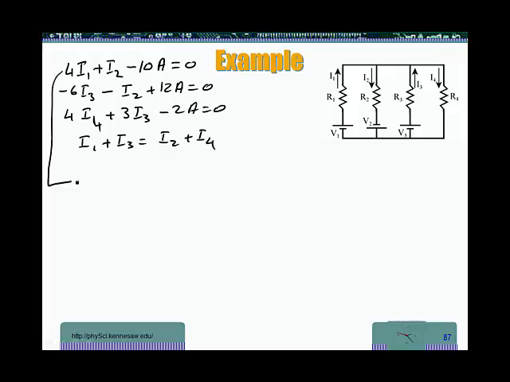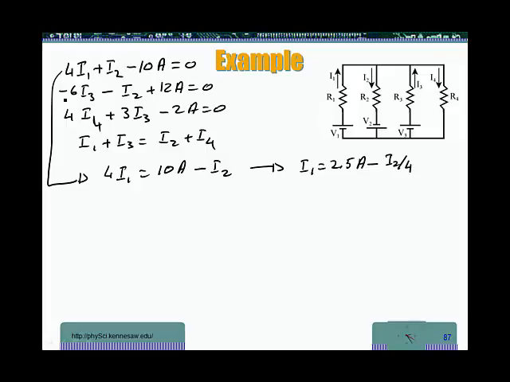First equation. If I solve for I1, I have 4I1 is equal to 10 amps minus I2, and that's going to give me I1 is equal to 2.5 amps minus I2 over 4. Okay?